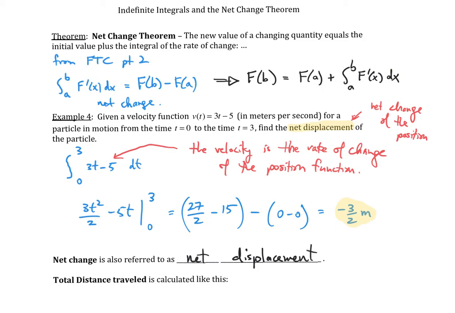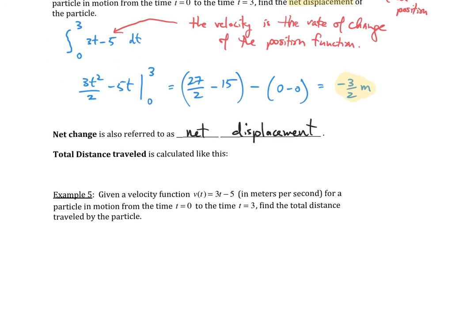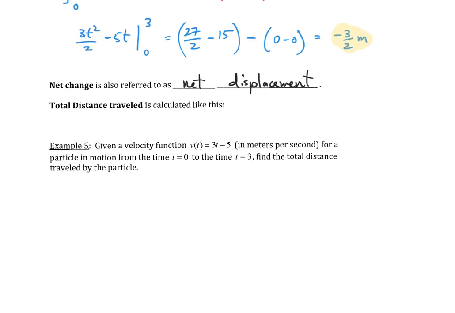Let's take a look at what we mean when we say total distance traveled now. Total distance traveled and net displacement are two separate things. Net displacement is basically the difference between your starting point and your ending point, whereas total distance traveled tracks going forwards and going backwards, or going up and going down. We've actually seen this before.